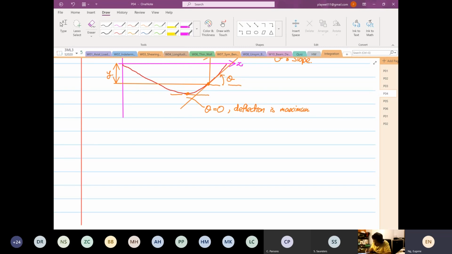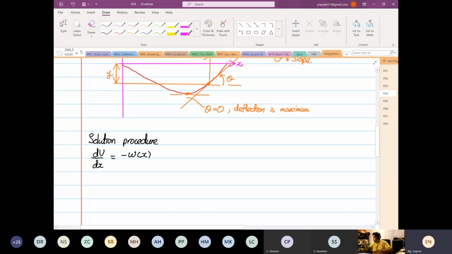Okay, so if we were to write down the solution procedure, this is how it goes. We have dV over dx is equal to minus omega as a function of x. Yes or no? This is what we learned before.